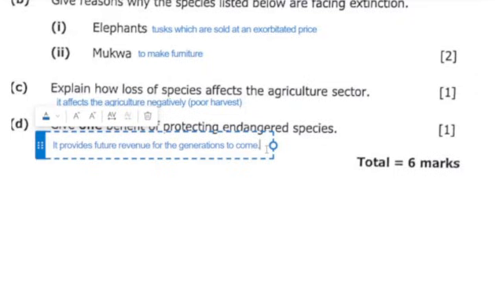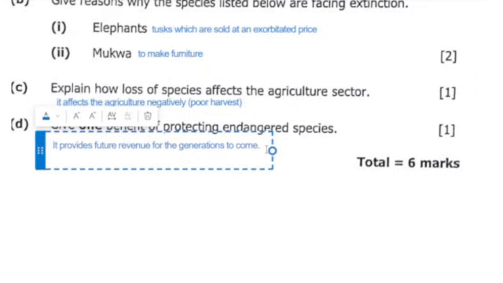Since they want one, we can also say they will provide nutrients to future generations.